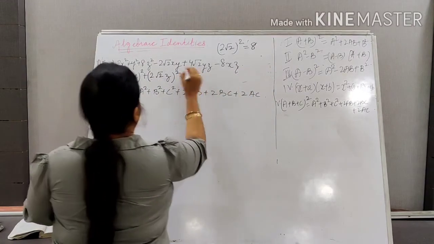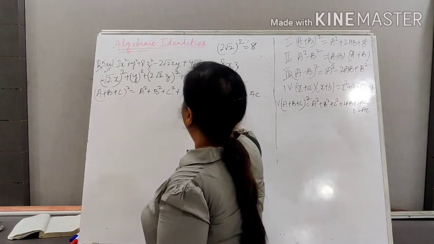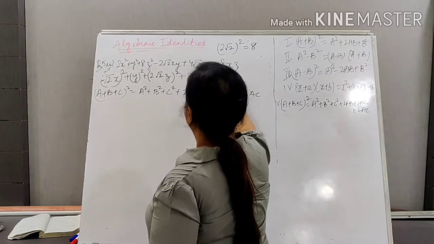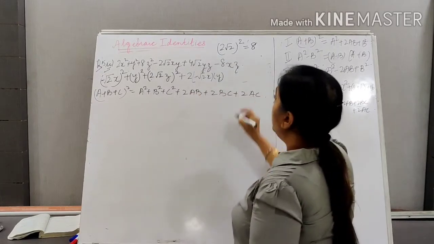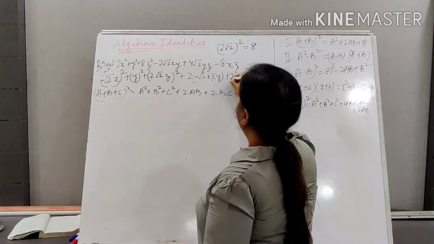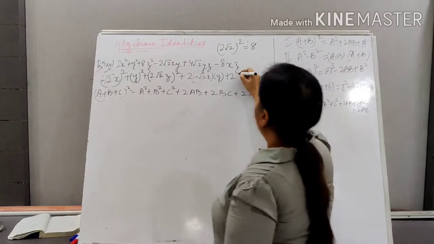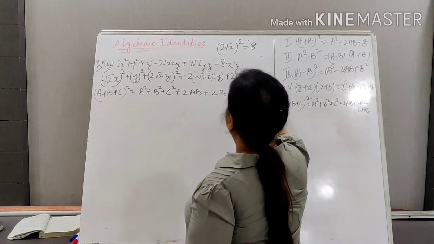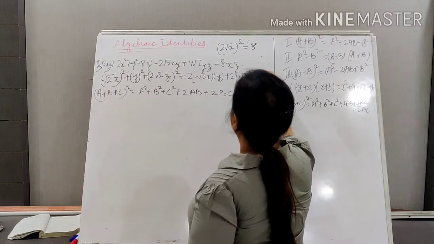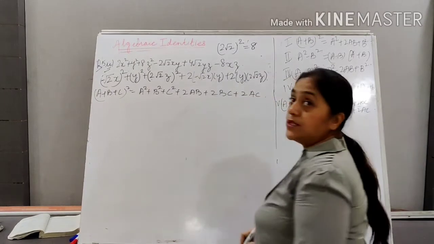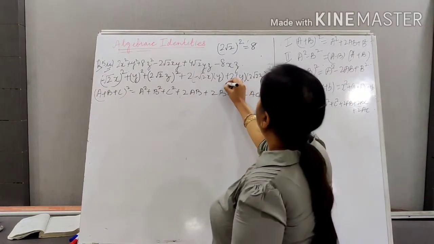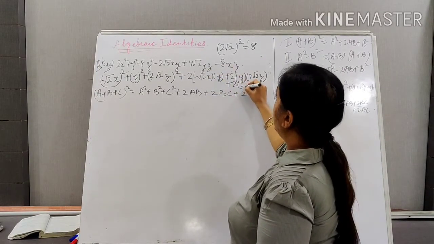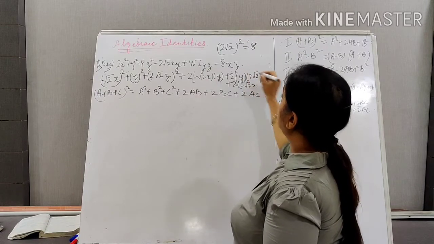Now what is 2ab? In the question, ab is minus root 2x into y, right? Plus 4 root 2yz, 2 of the formula again, 2y separately and 2 root 2 z, that is the coefficient of z. Similarly, plus 2, what is x? Minus root 2x, and what is z?